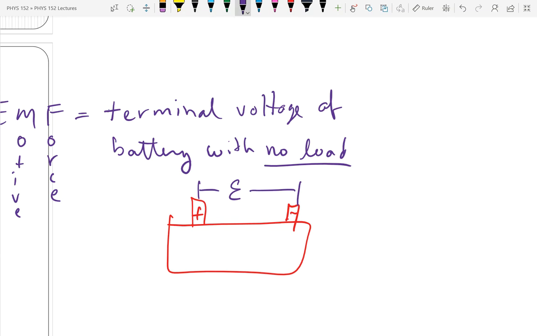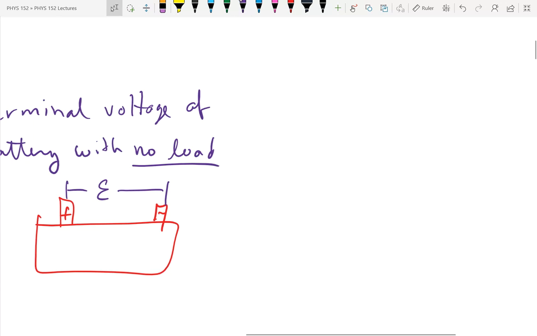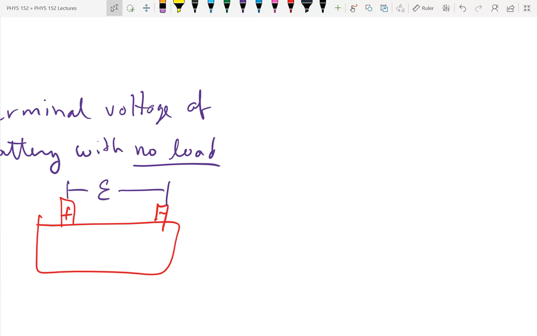Under no load means if you don't have any current flowing. If it's just there stationary, nothing is using it. So the EMF there is the maximum voltage you could ever get out of a battery. Now the batteries, because they are a chemical reaction, as you start using the battery, that terminal voltage is going to drop because the chemical reaction has to replenish it.